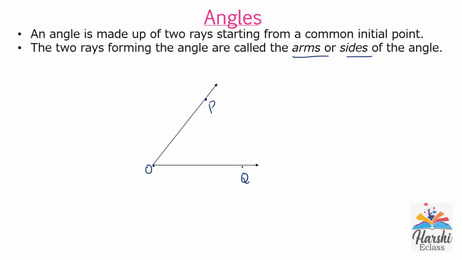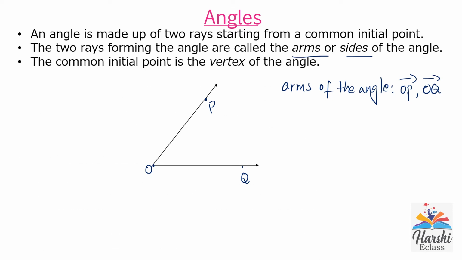For this image, the arms of the angle are ray OP and ray OQ. The common point where these two rays meet, the initial point, is called the vertex of the angle. Here the vertex of the angle is point O.